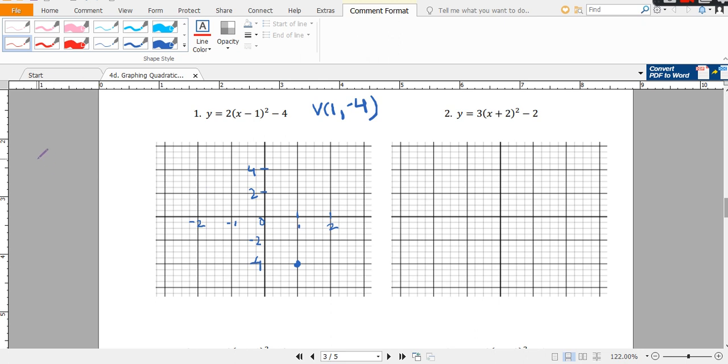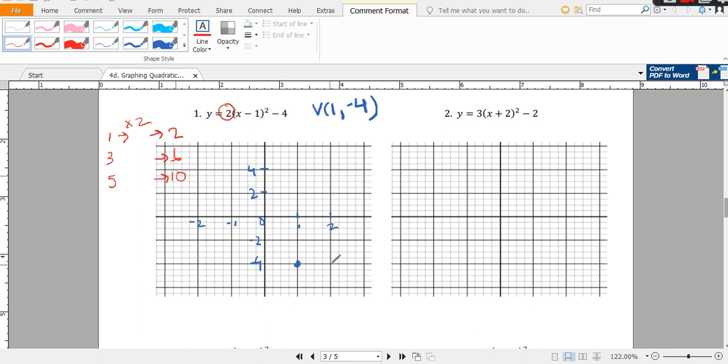Now I know what the vertex is. I can use the 1, 3, 5. But instead of 1, 3, 5, I need to multiply everything by 2. So that would give me 2. So 3 times 2 is 6. 5 times 2 is 10. So that means I'm going to go 1 over. It's always 1 over.